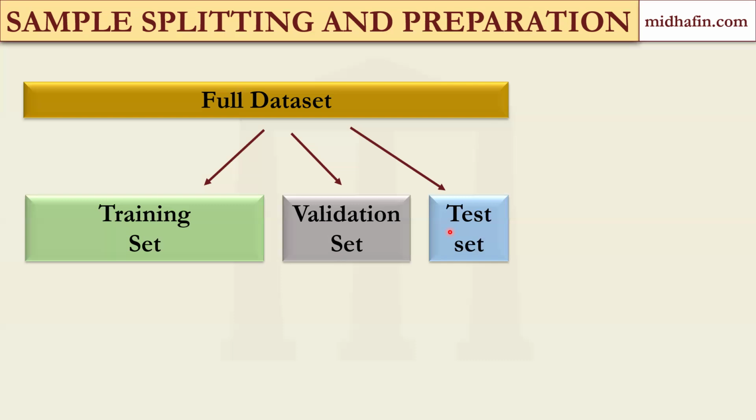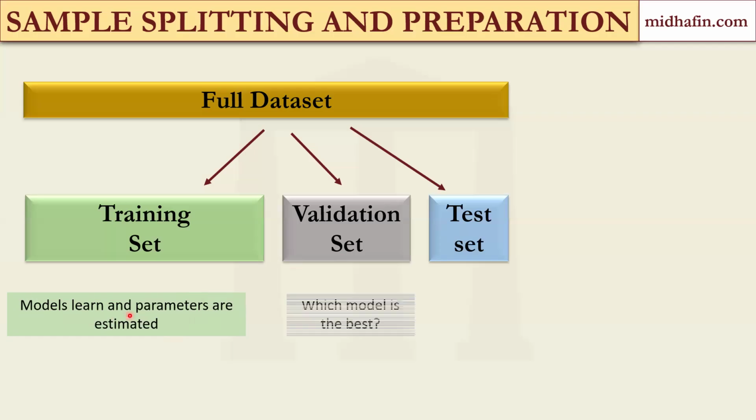So once again, I'll repeat: from training, the parameters are estimated, the model learns; then with validation, you answer the question which model is the best; and from the test, you check how effective was your model, or how effective was your preparation of FRM when you take the final exam.